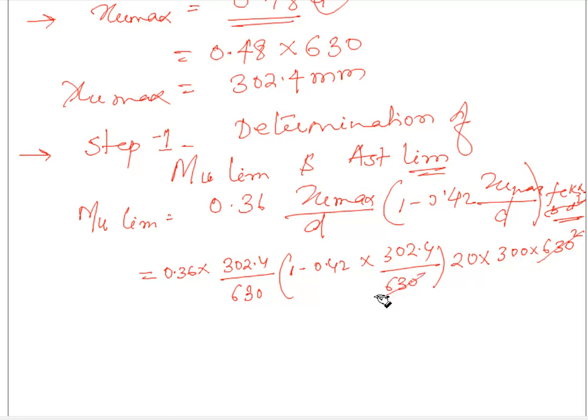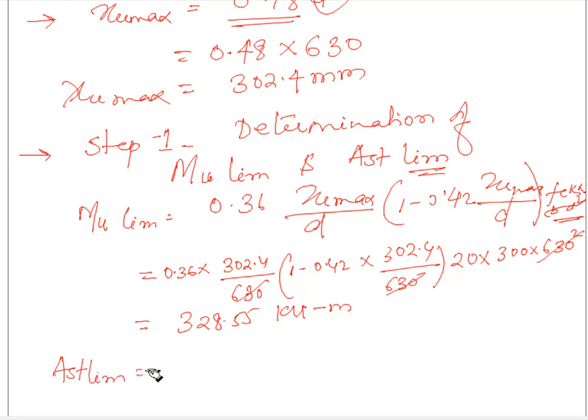The 630 cancels, so it equals 328.55 kilonewton meter.